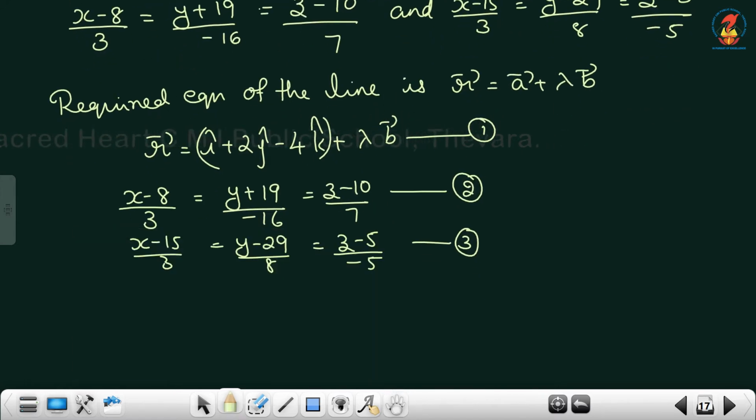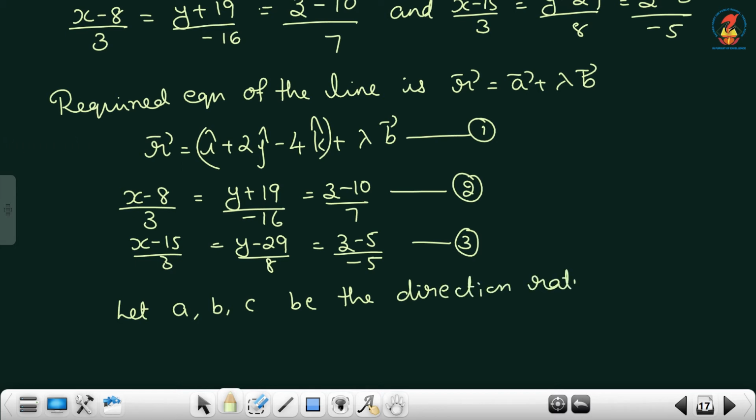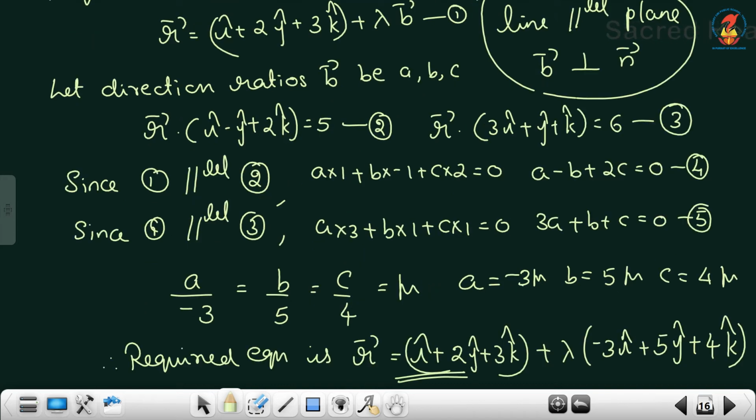Again we can write the direction ratios of B, then only we can multiply. So let a, b, c be the direction ratios of vector B. The previous one I also wrote like that.